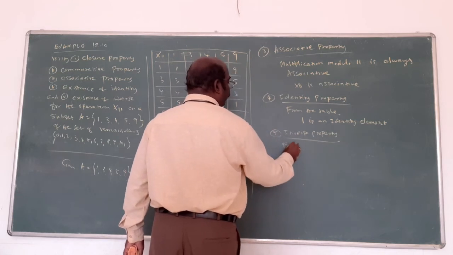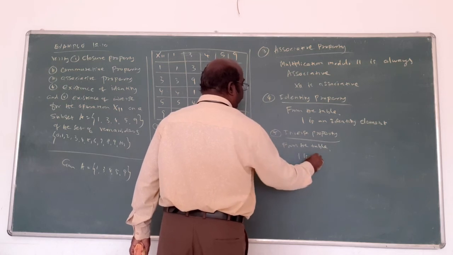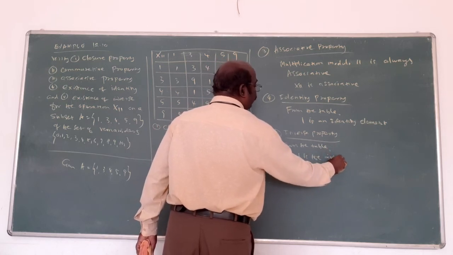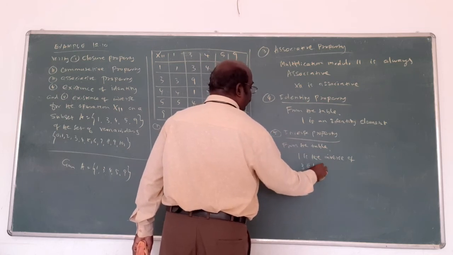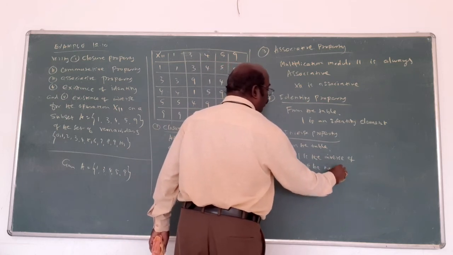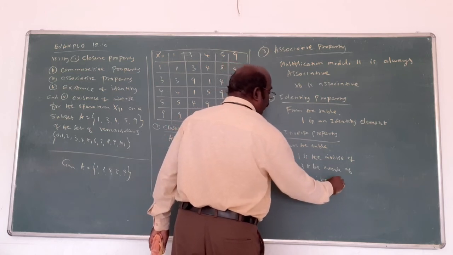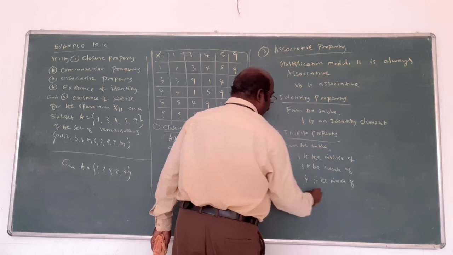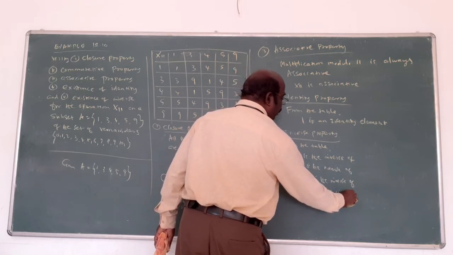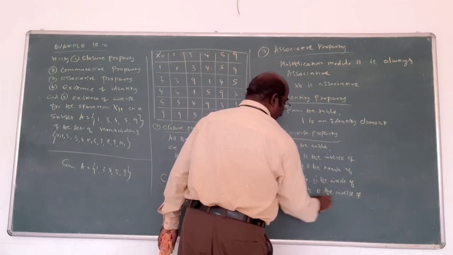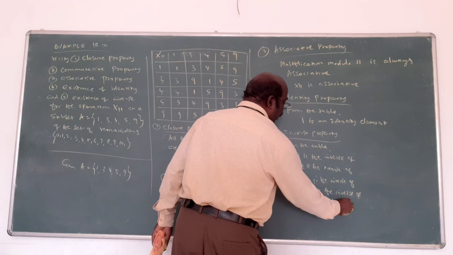Again from the table, one is the inverse of one. Three is the inverse of four. Four is the inverse of three. Five is the inverse of nine. Nine is the inverse of five.